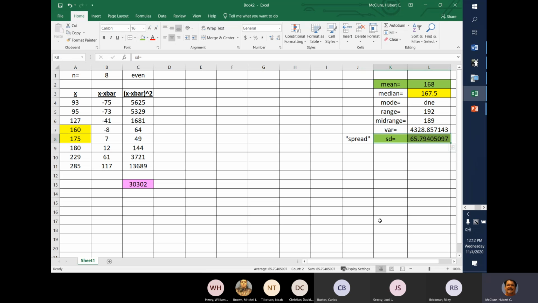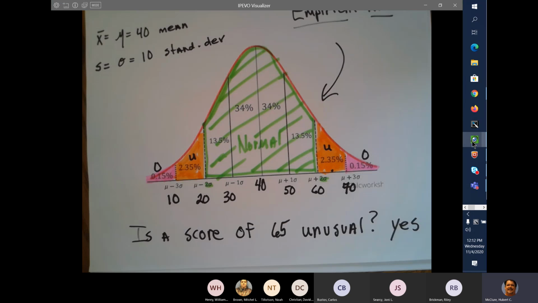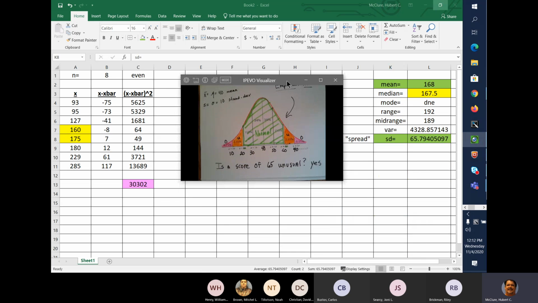Write that down because that's where we're going to end today. The most important numbers in statistics are the mean and the standard deviation, because with the mean and the standard deviation, you can do the empirical rule.